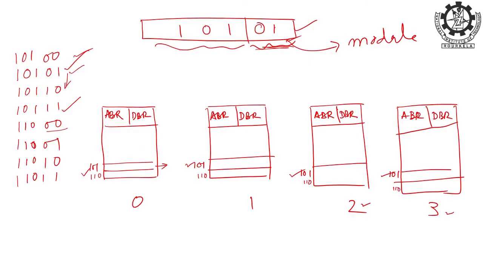So, if you wish to transfer 8 words, the 8 words will be transferred in 2 goes. In the first go, while accessing this part, at the same time this portion will be accessed in parallel, because each will work independently.